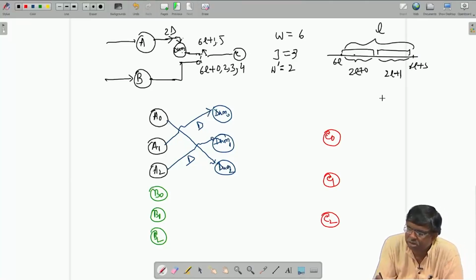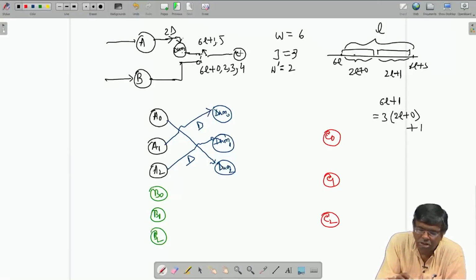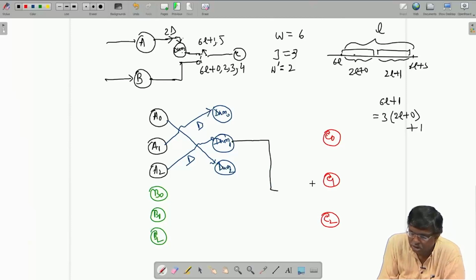So, start at 6L plus 1. Taking J common, 3 times 2L plus, dividing 1 by 3, that is 0 and 1. So, 12 plus 0 is the digit cycle, DUM1 will go to C1, and there is no delay here. So, it gets corrected: DUM1 goes to C1, DUM1 will go to C1.